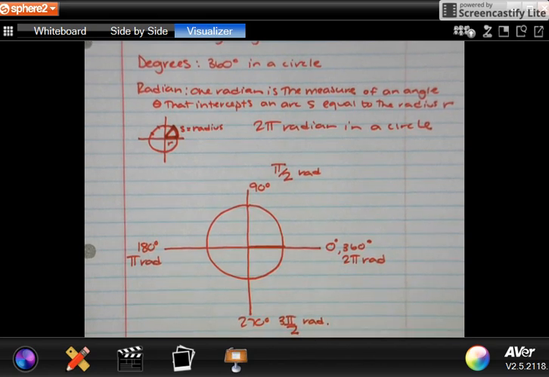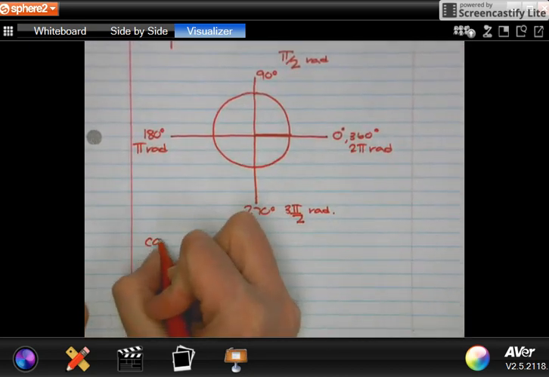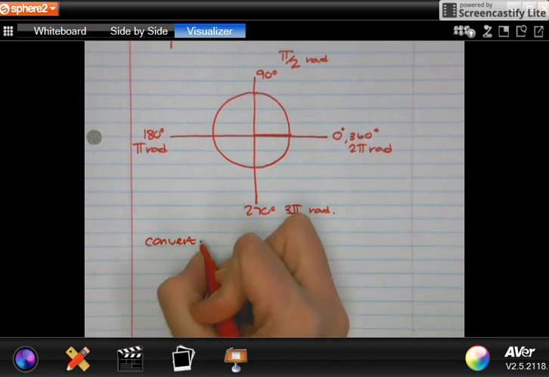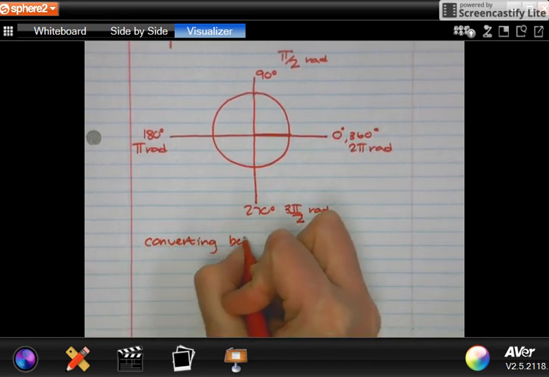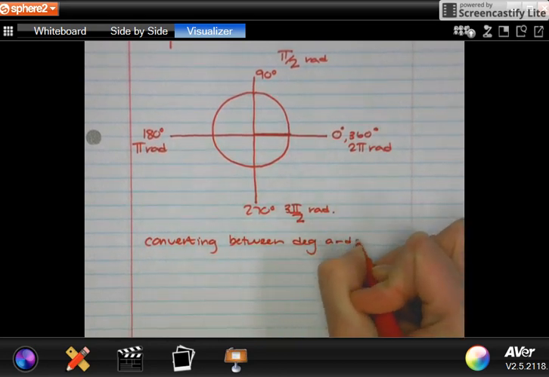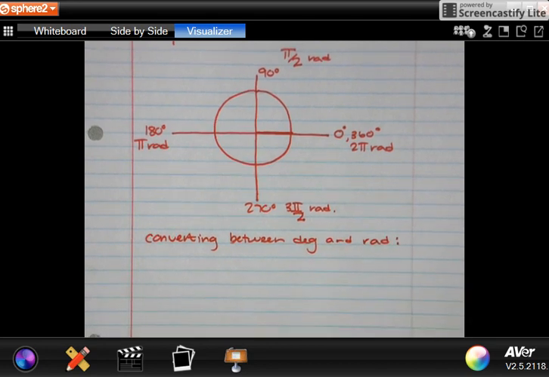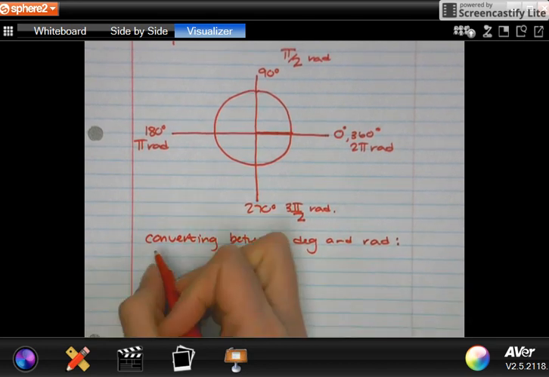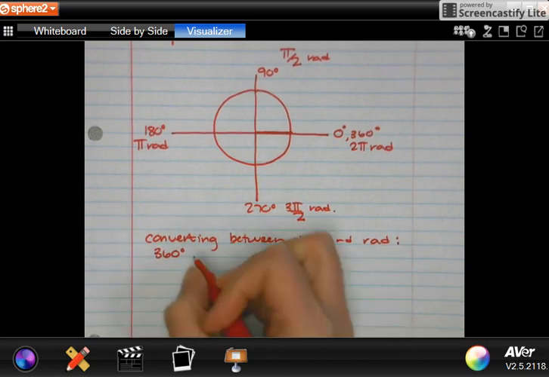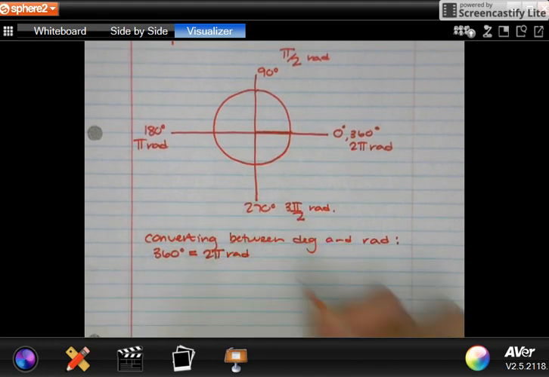So what we want to talk about is using these ideas here to convert between degrees and radians. So what you want to use is the idea that 360 degrees, which is a full circle, is equivalent to 2 pi radian.